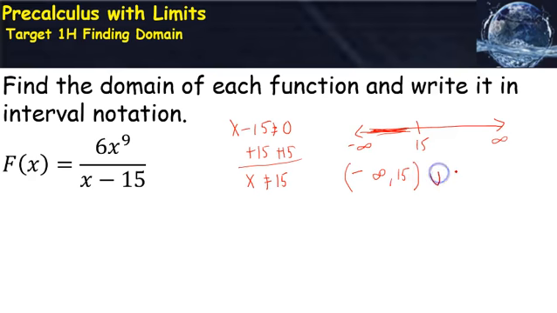And then union, because I have more than one answer, now I have to say this side of the number line. So everything from 15 to infinity. So again, I'm going to do 15 to positive infinity. Infinities are always open brackets. And again, anything bigger than 15 will work, just not 15 itself. So 15.00001 would work. Okay, so I'm going to say anything bigger than 15, so open. Okay, and that's the answer.